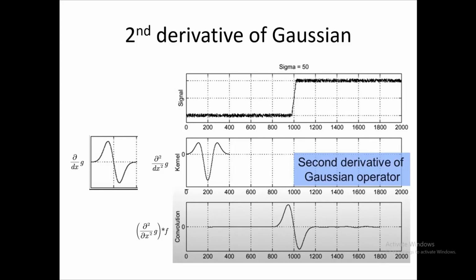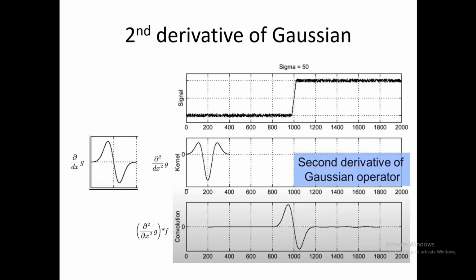Before, h was just a Gaussian, then we took the derivative of the Gaussian, and now we take the second derivative of the Gaussian operator, and we get this inverted Mexican hat.